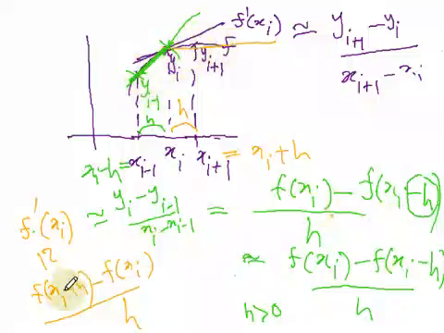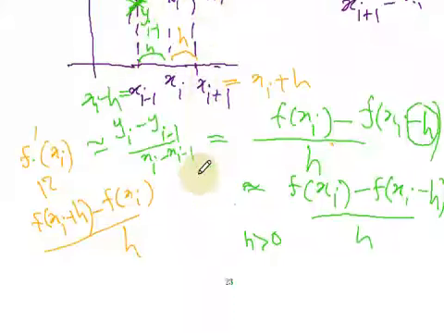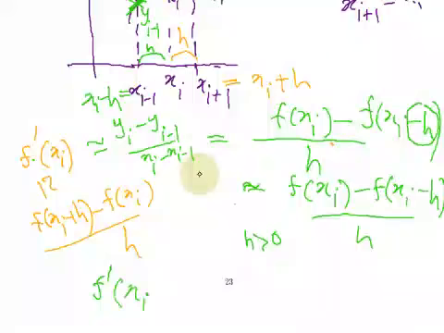So this is the forward difference, this is the backward difference, and this is the central, or in the lecture notes I think it is called the midpoint difference. So let me write that one for you. We can write an approximation to this using the midpoint.